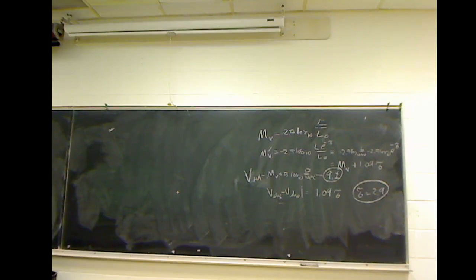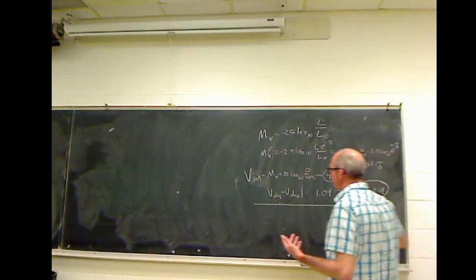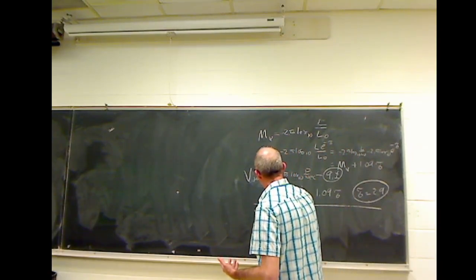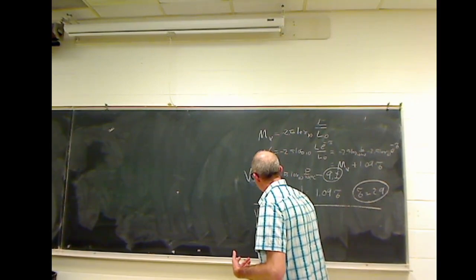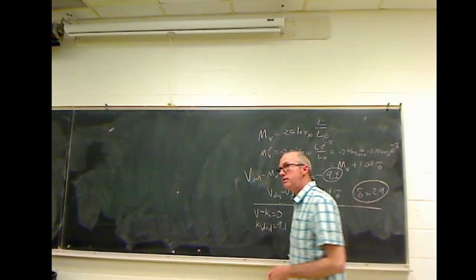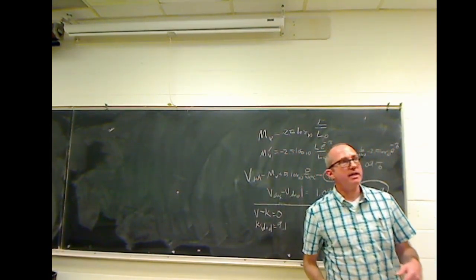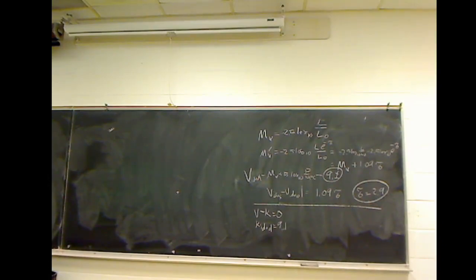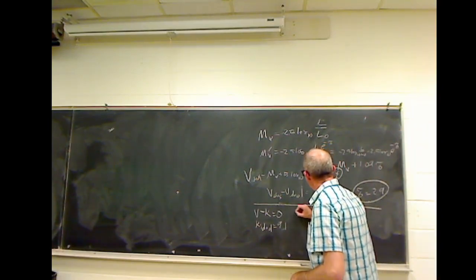So then the second question says do the same thing for the infrared, and I said, okay, it's got a V minus K color of 0, so K ideal is going to be also 9.1. And I gave you the observed K, right? So the observed K is 9.8. So we're going to have a similar equation like this.